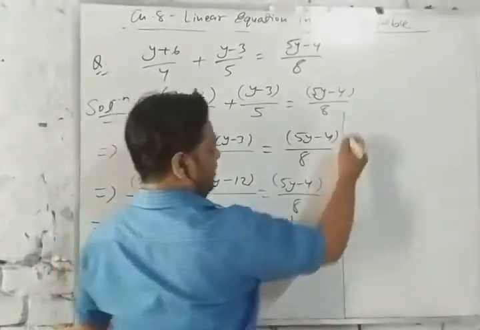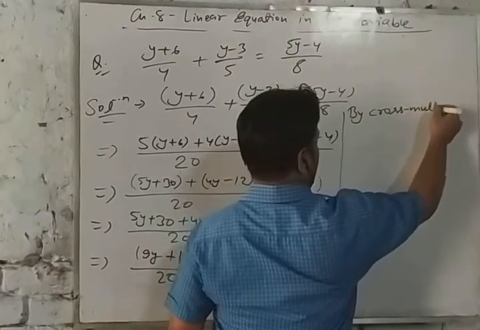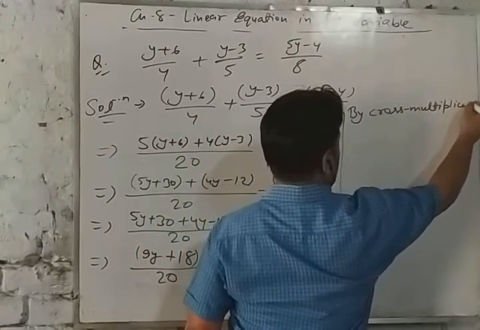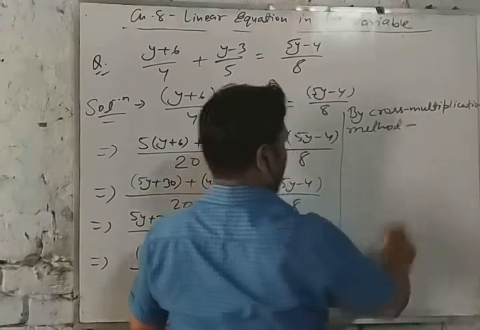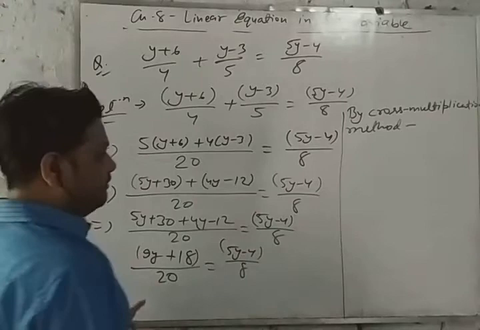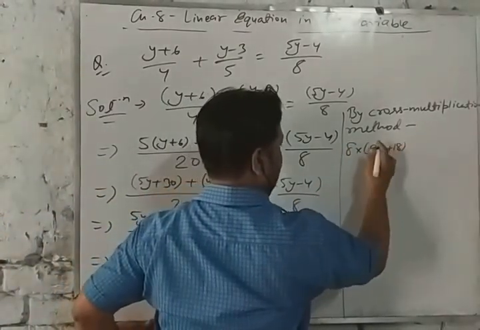So now I am writing by cross multiplication method. Okay. 8 into 9y plus 18. Okay.